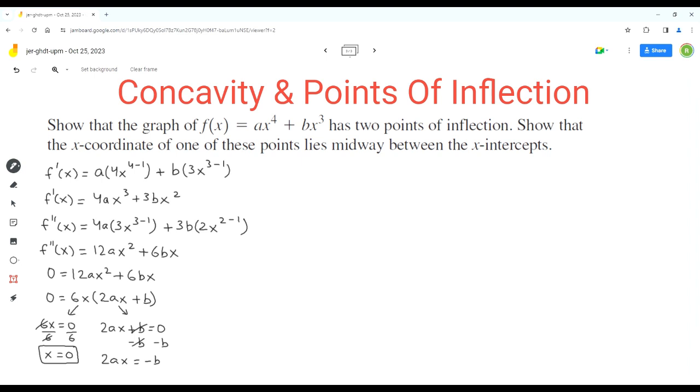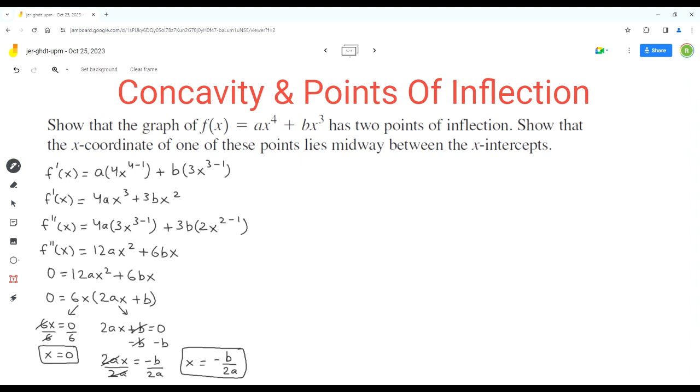Now we can divide both sides by 2a. So the 2a's on the left side get cancelled out. So we get x equals negative b over 2a. So this is the second inflection point for this given function. So we have proved that the function has two inflection points.